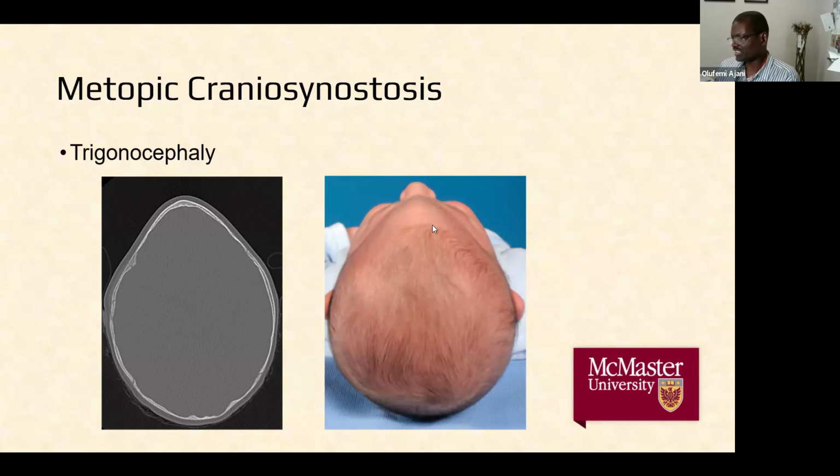Once you see these children in the clinic, it is very, very characteristic, and the diagnosis can be made on clinical criteria alone. If you happen to get an X-ray or a CT scan, you will find the trigonocephaly being replicated on the axial images of the CT scan.